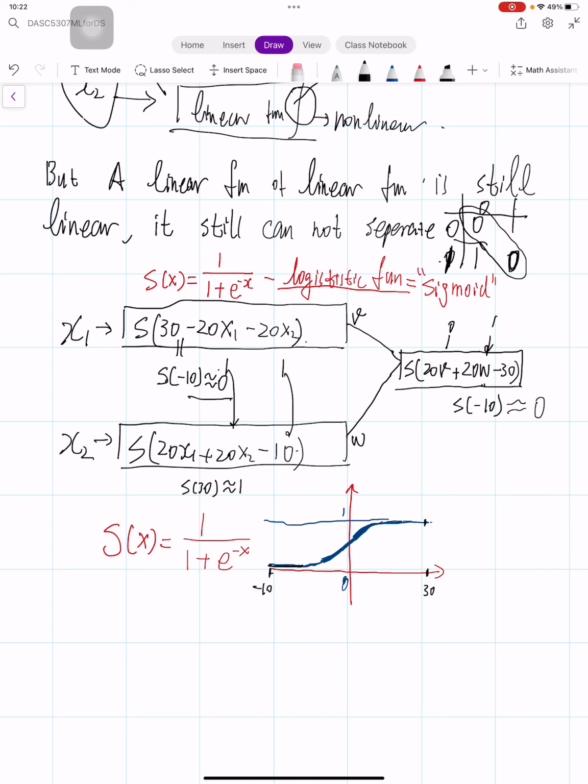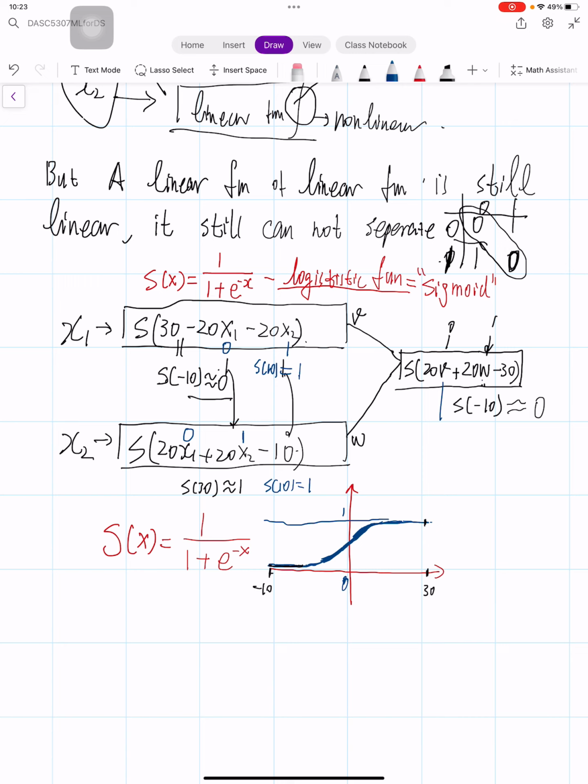Let's do another scenario. If x1 is 0, x2 is 1, we get S of 10. S of 10 is a big number on the large scale, so this equals 1. The other unit also gives S of 10, a large number, so this value is also 1.